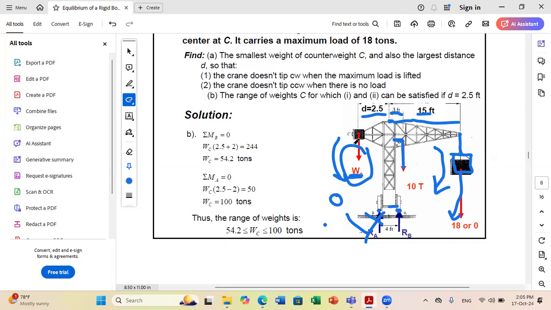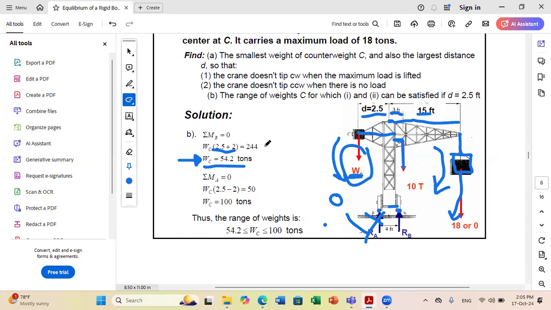It should balance it. So the moment of the counterweight is negative, minus WC times this distance to B. This distance to B is 2.5 plus 2, which is 4.5. And this will give me the minimum value of the counterweight, because if I put a value below it, then my system will turn over B. So this is the minimum counterweight to put for this distance D of 2.5.